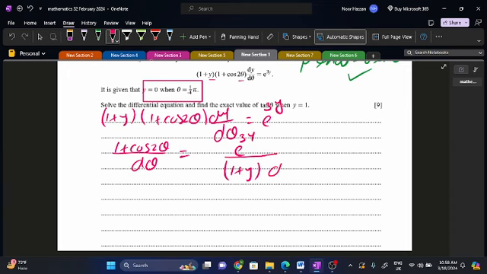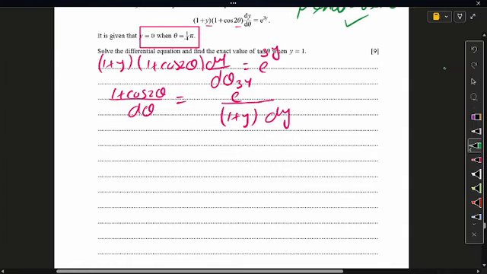times dy. Now dy and d theta should never be in the numerator. The variable with respect to which you have to integrate cannot be in the denominator. So it means that you have to reverse that equation. Take the reciprocal.